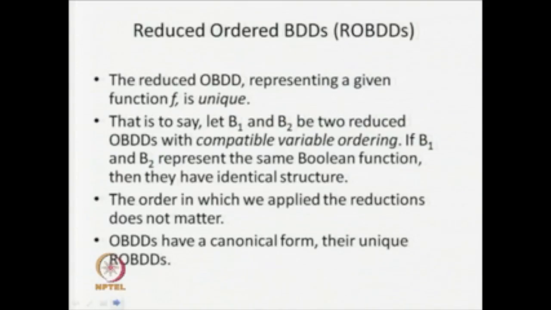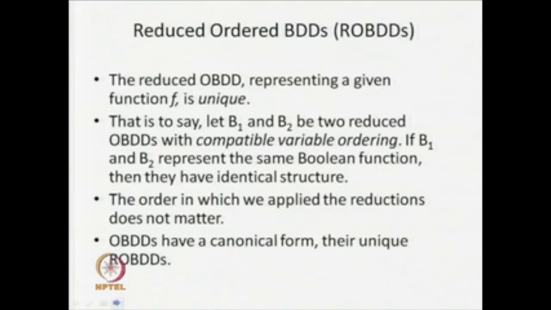That is why we are saying that the ROBDD representation of any function gives us the canonical representation of that function. And secondly, we have already seen how to apply this reduce algorithm to get a reduced BDD. On the other hand, you can apply the reduction rules, and the order in which you apply them is immaterial. We are always going to get the same reduced ordered binary decision diagram.